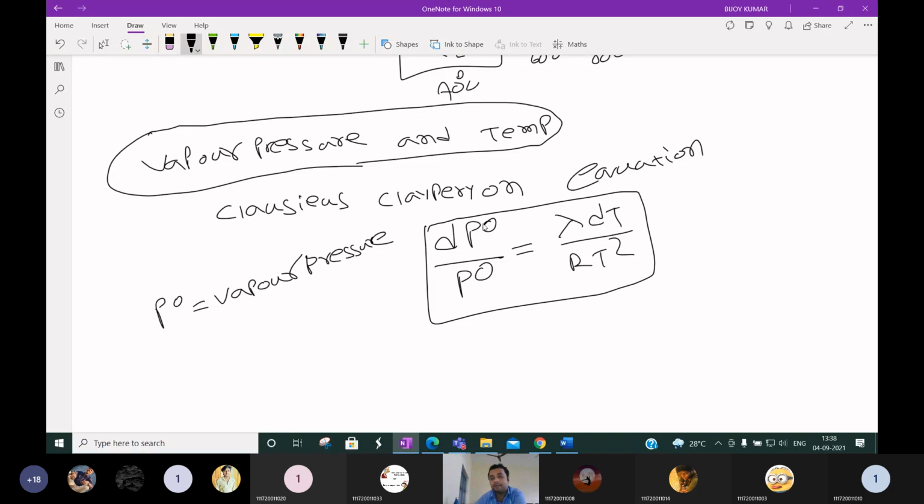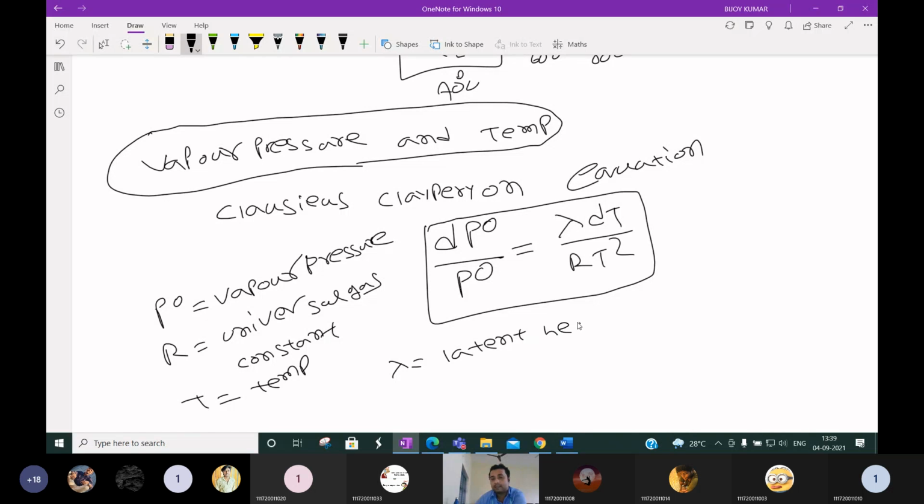Here P0 is the vapor pressure, R is the universal gas constant, T is the temperature, and lambda is the latent heat of vaporization.